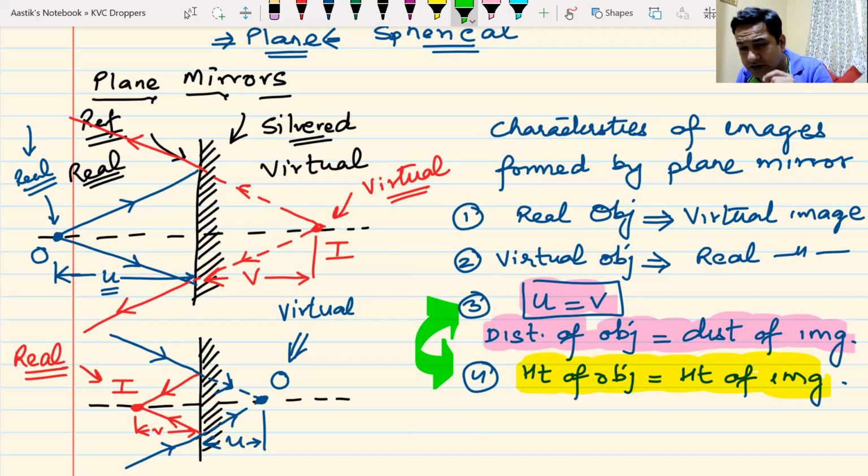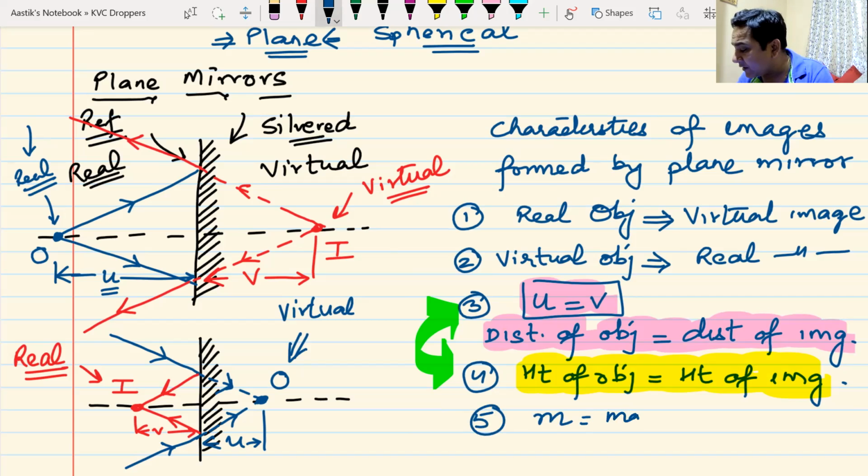and height of the image are related to the distance of the object and distance of the image by a formula which is known as magnification formula. What is the magnification formula? For any object which creates an image or it is refracted, we have a magnification formula, and this magnification formula, or M, is known as magnification.